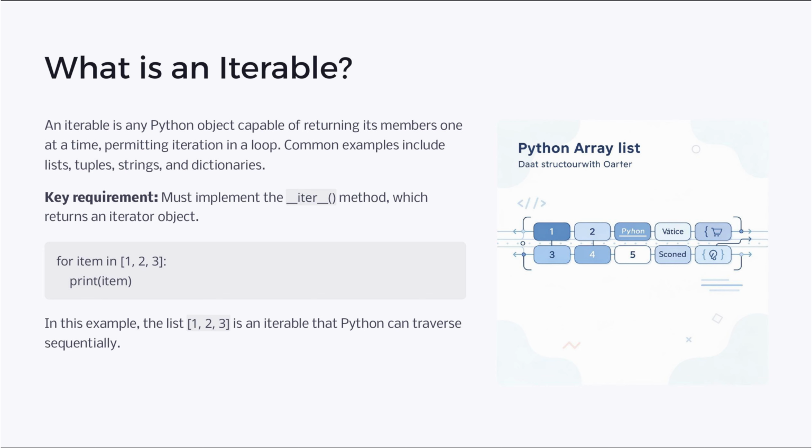An iterable is a Python object that allows iteration over its elements one at a time, such as lists, tuples, strings, and dictionaries. It must implement the __iter__ method, returning an iterator. For example, the list [1, 2, 3] is an iterable enabling sequential traversal in a loop.